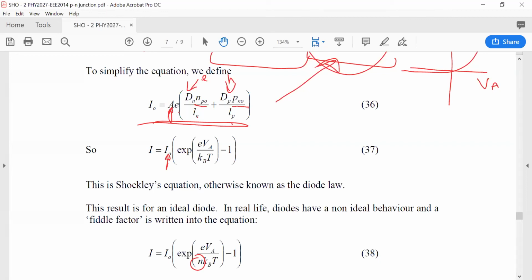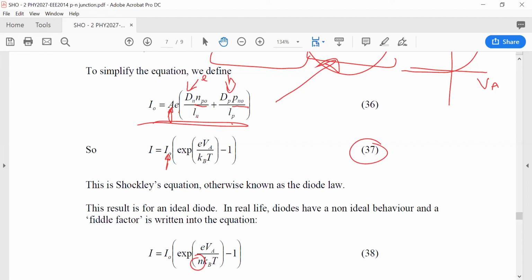And in fact, in the ideal case, when diodes are operated as being determined by their minority carrier diffusion, as they ought to be, N is simply equal to 1. And that would be the perfect case, and that's why it's not been included in equation 37.